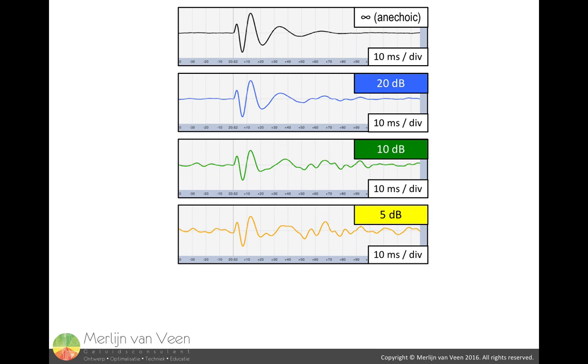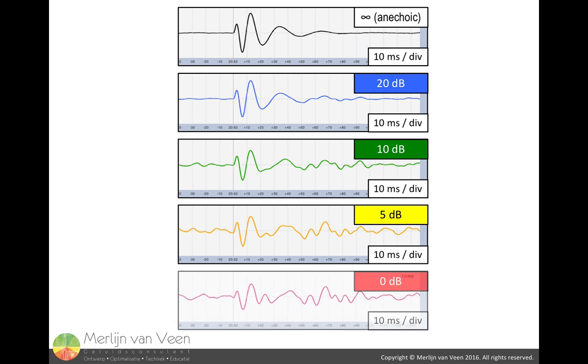With only 5 decibels of direct to reverberant ratio, we can see that the late arriving energy is starting to become equally large in magnitude to the initial arrival. And at the point in space where direct and reverberant are equally loud, also known as the critical distance, we can see that the late arriving energy is virtually identical in magnitude to the initial arrival.